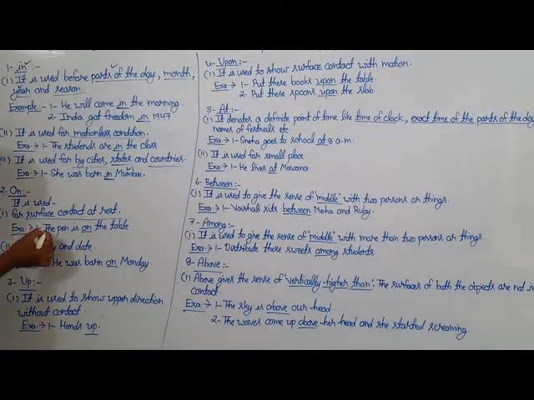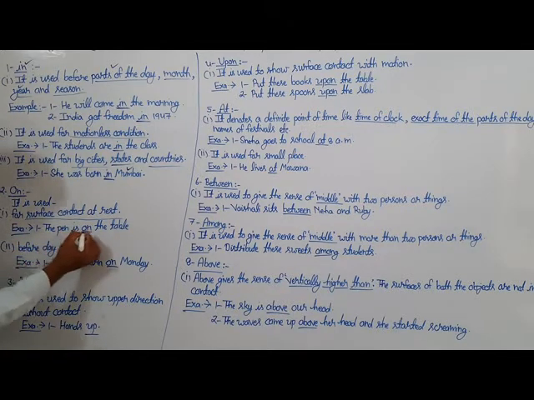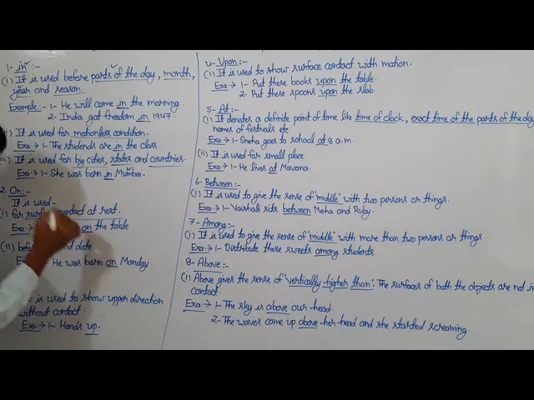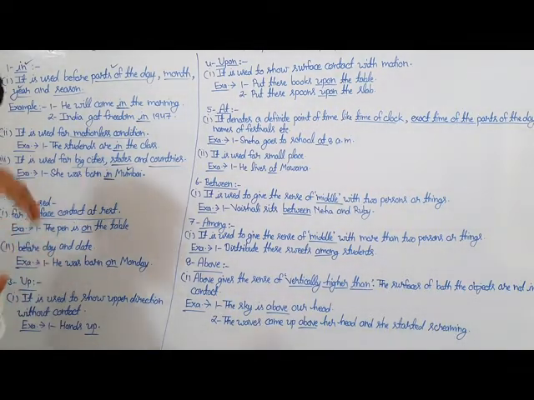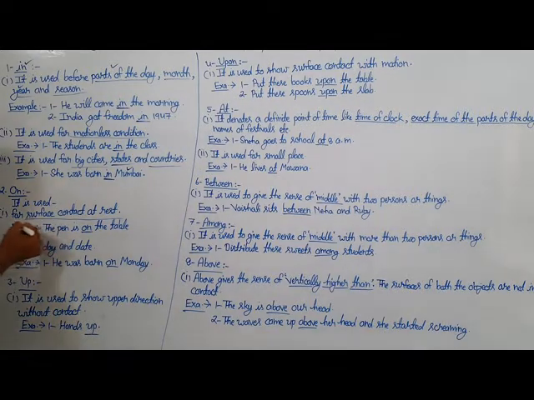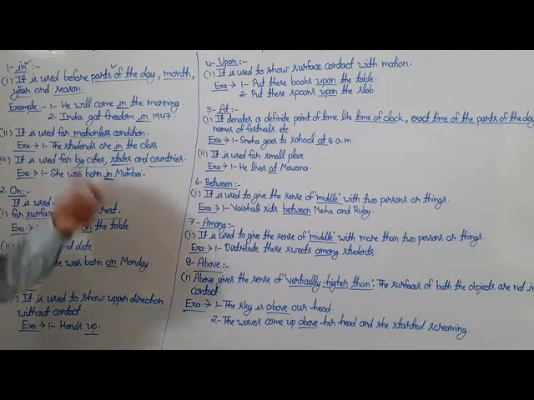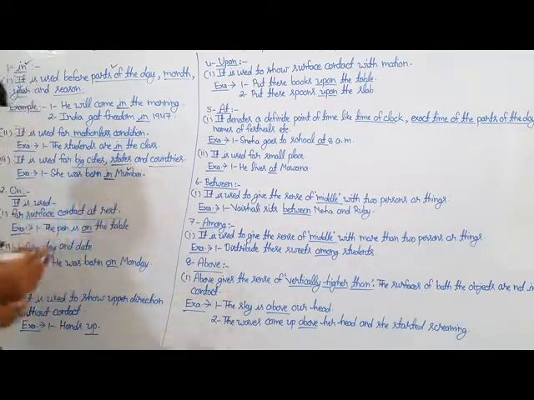For example: The pen is on the table. Here the underlined word on is the preposition which is used to show that the thing is already in surface contact. So on is used for surface contact at rest or without movement.